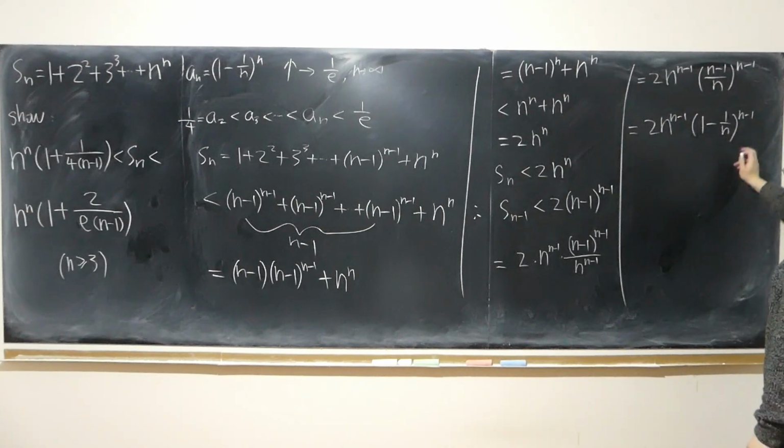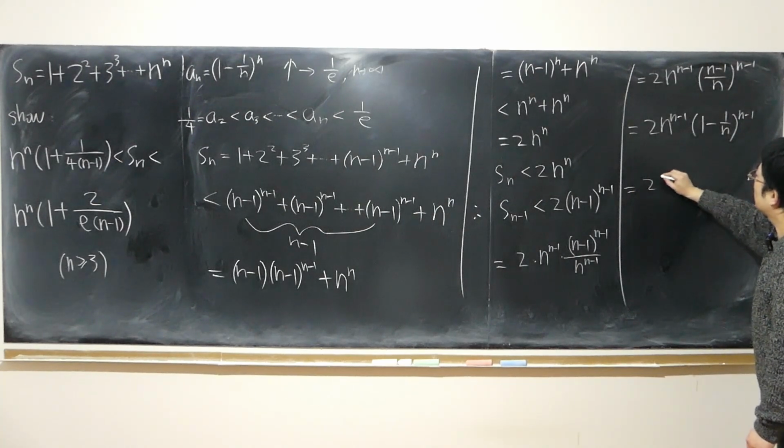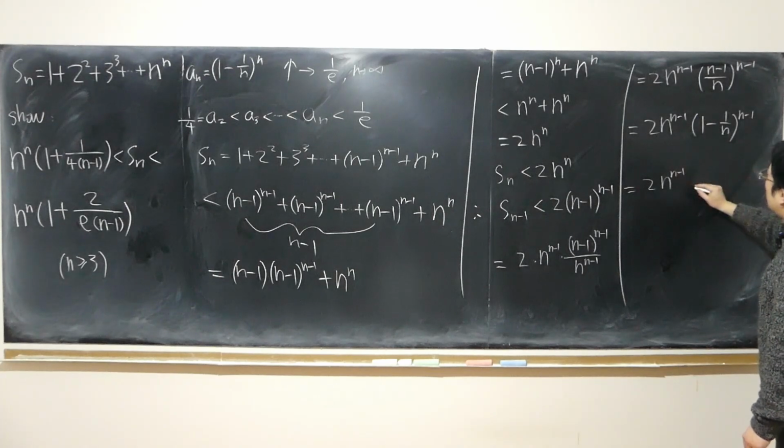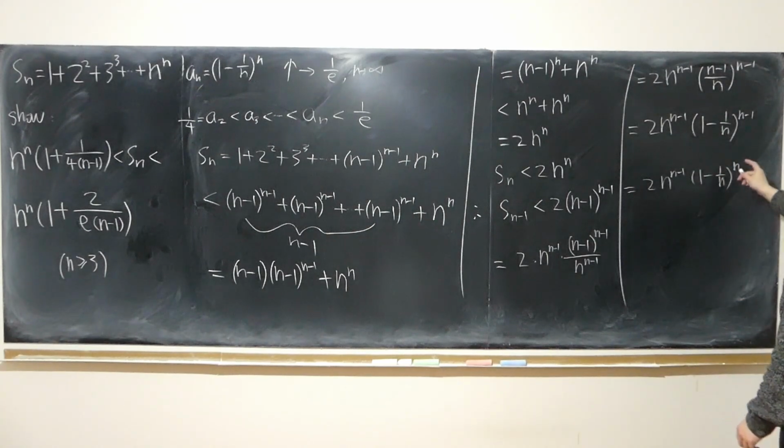Right? To make up this power, to make it n, I have to multiply by the reciprocal of this. So the reciprocal of this is what?